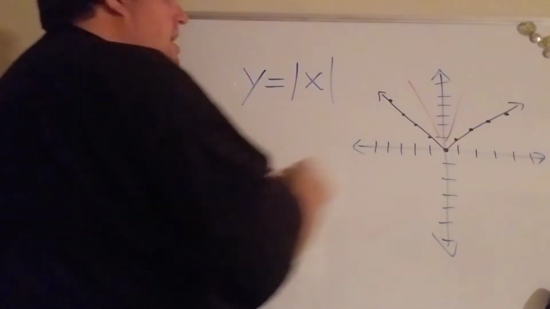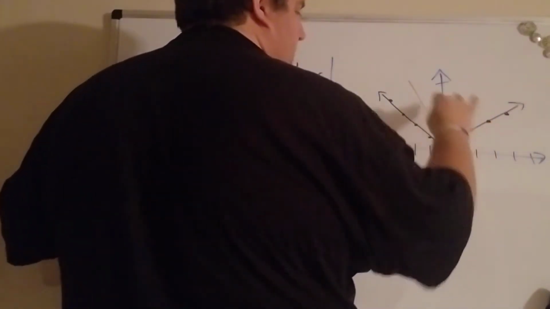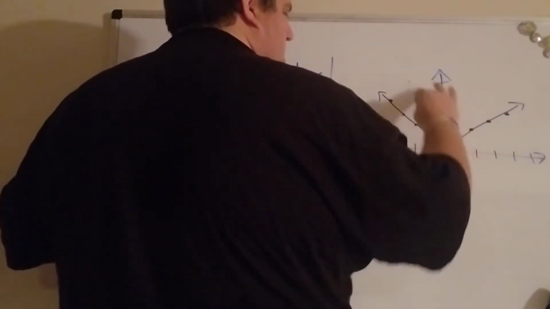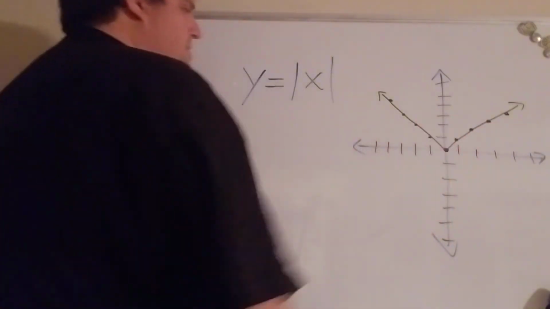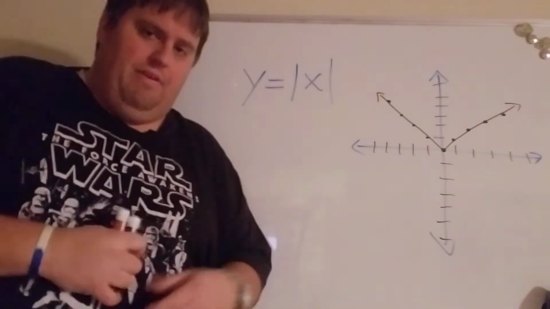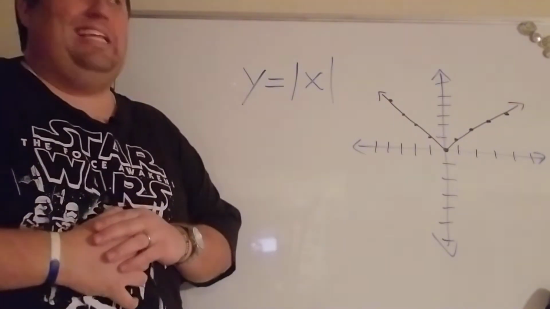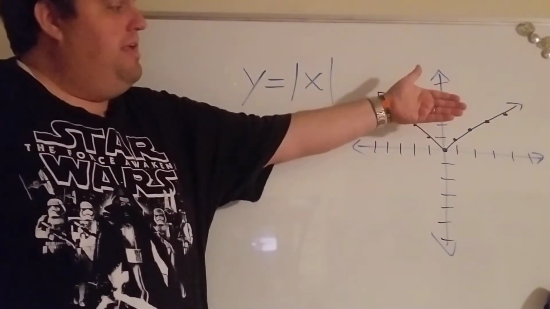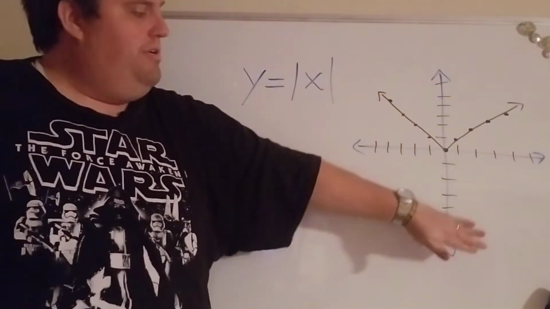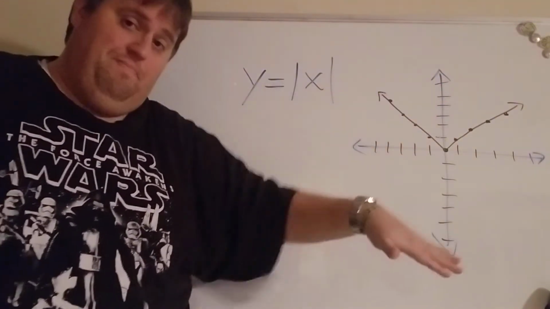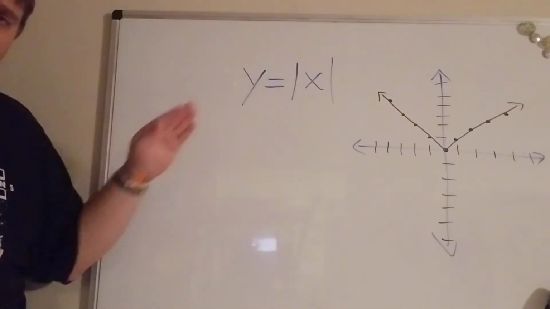If it's a number less than 1, like a fraction, it's going to make it go out wider than it normally is. And if we throw a negative out in front, what we noticed on our homework was that it went down. That's just going to reflect it over the x-axis, kind of flip it, if you will.